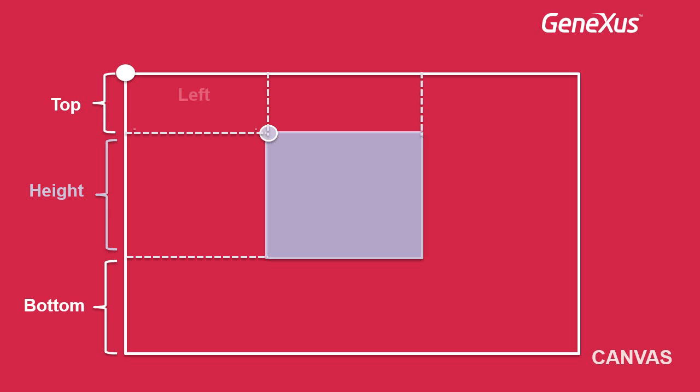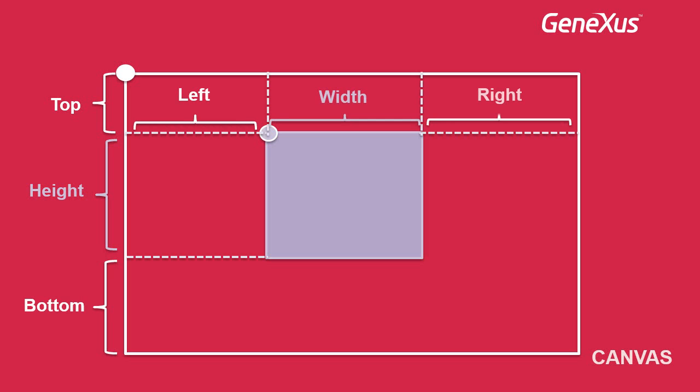On the other hand, the distance from the left, left, and the control width, width. Also, the distance from the right margin, right. By adequately assigning these measures, we can overlap controls.